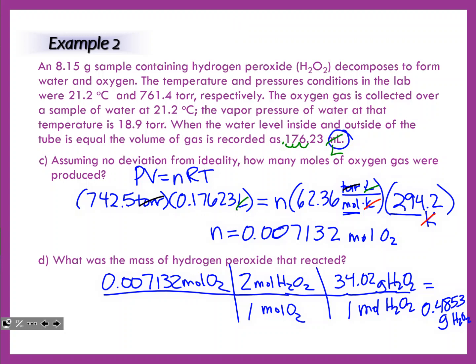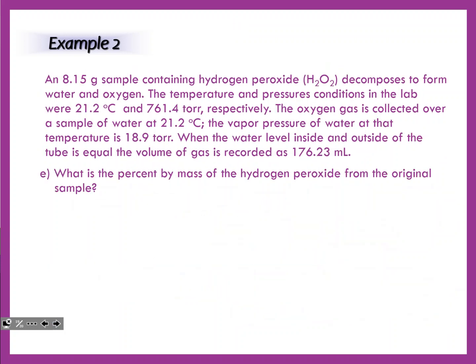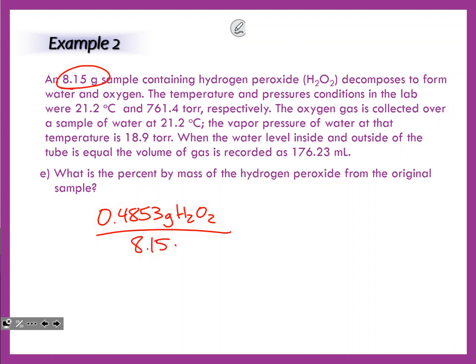All right, almost done. I don't think we have time. Well, we're almost done, so I'm just going to set it up for you. This last one, all you have to do is, what was the total sample amount? 8.15. Take your sample of H2O2, divide it by the total, times 100, and you'll get your percent.